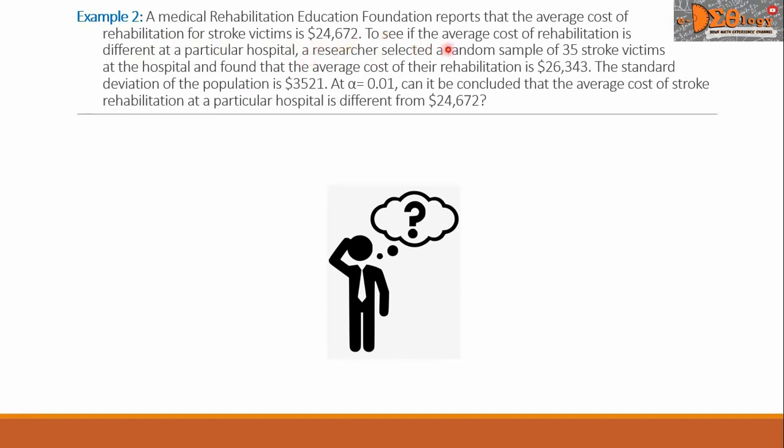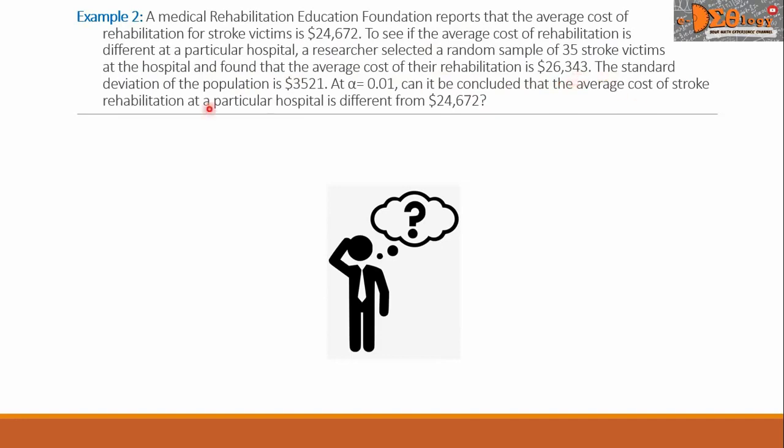To see if the average cost of rehabilitation is different at a particular hospital, a researcher selected a random sample of 35 stroke victims at the hospital and found that the average cost of their rehabilitation is $26,343.